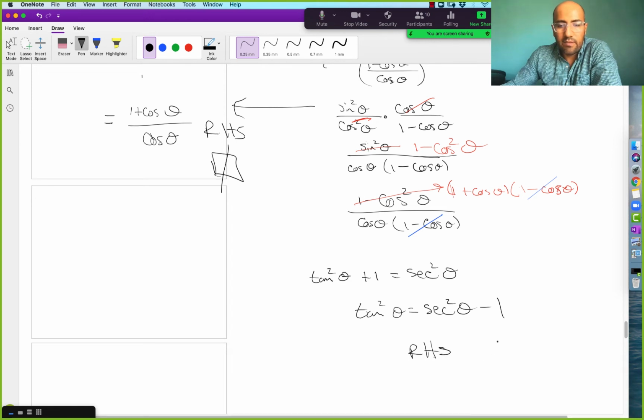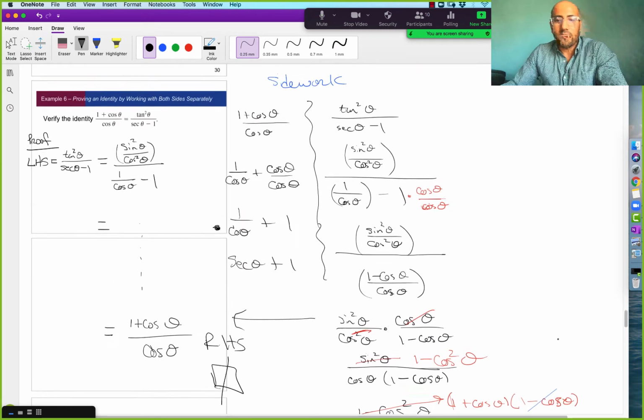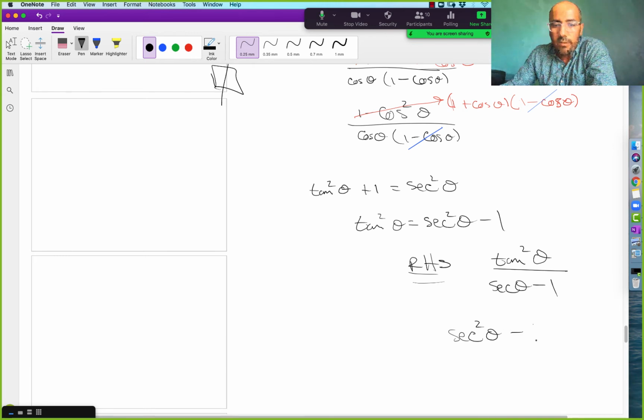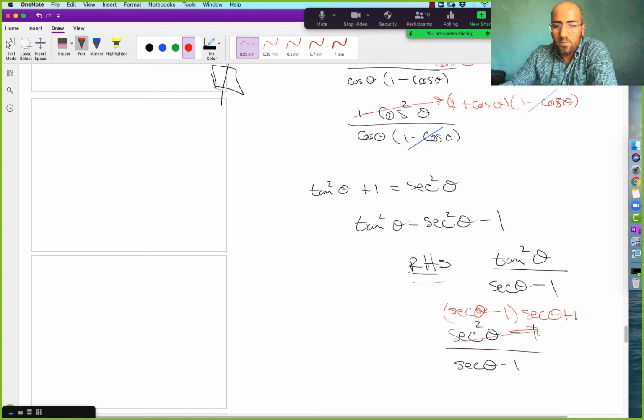Good. Okay, so now if we start off with tangent squared theta divided by secant theta minus 1, we get to implement this identity for the numerator, and we end up with secant squared theta minus 1 over secant theta minus 1. So then we can factor this, since this is a difference of squares, into secant theta minus 1 and secant theta plus 1.